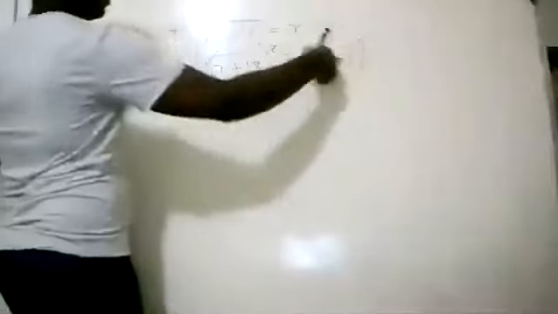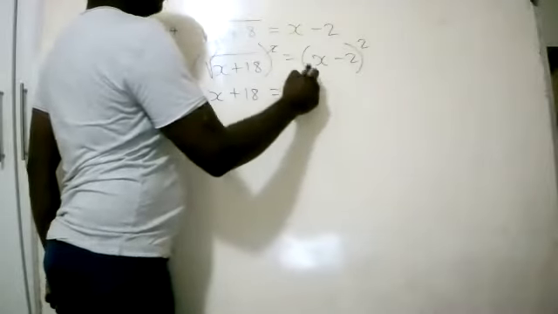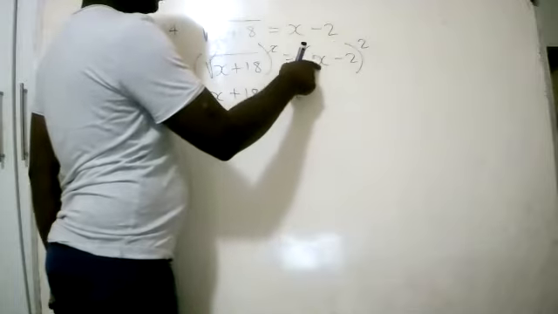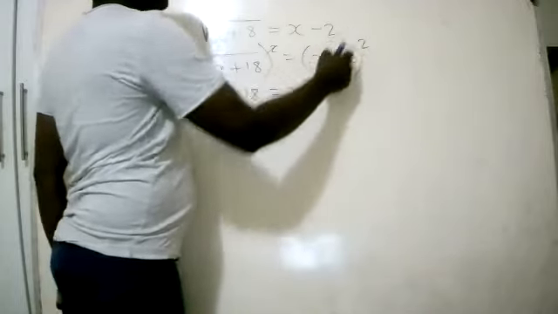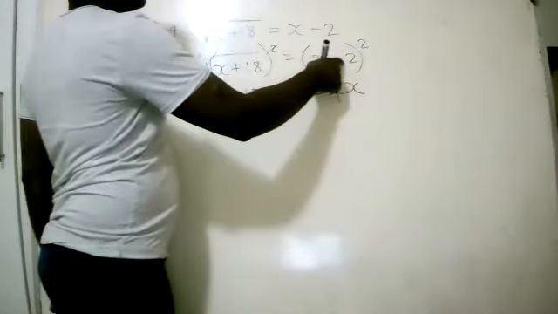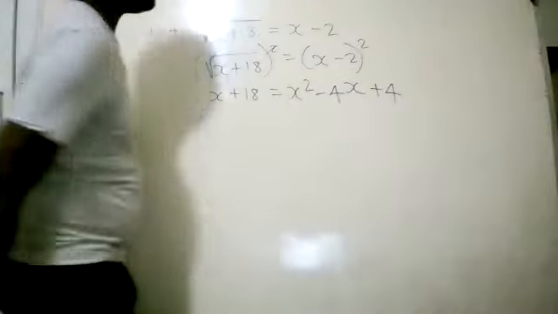And then on the other side, we expand this. There's a very simple approach to expanding that: you give it the square there, and then for the middle term, you multiply these three numbers. So it's x times -2 times 2, that will be -4x, the middle term. And then this is -2 times -2, which gives you +4.